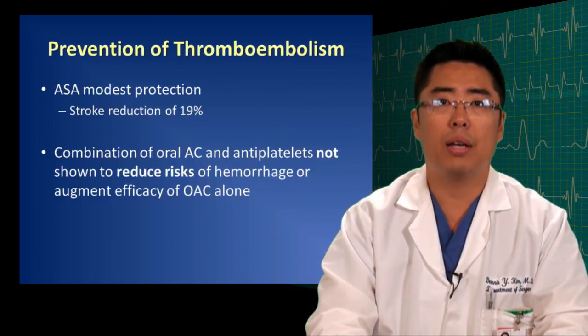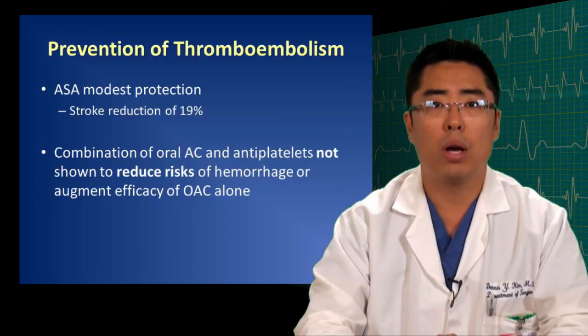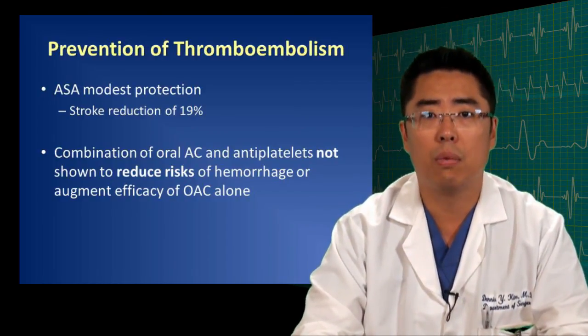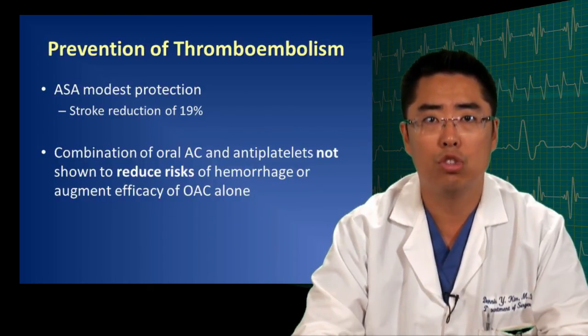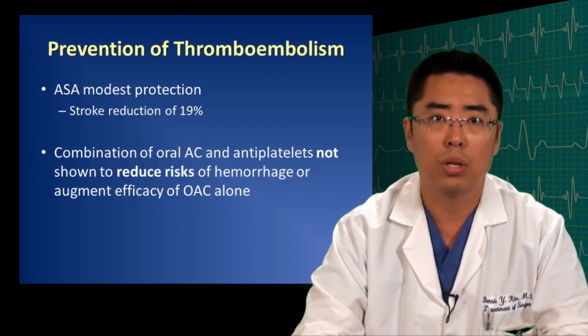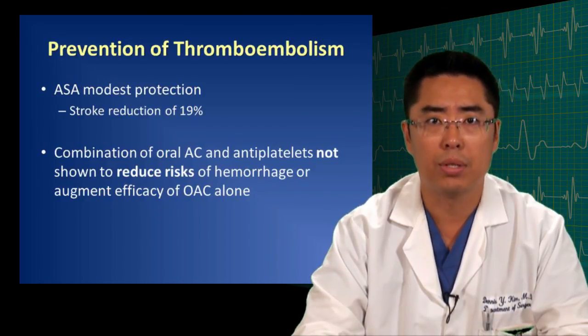Regarding antiplatelet medications for the prevention of thromboembolism, ASA does offer modest protection. It offers nowhere near the risk reduction that would be achieved with vitamin K antagonists. Again, the stroke risk reduction is approximately 20% in patients on aspirin.